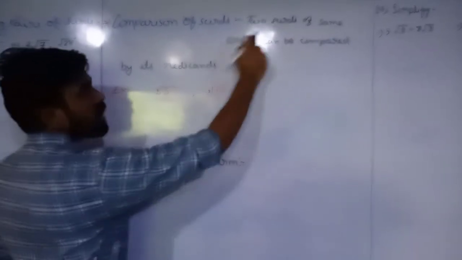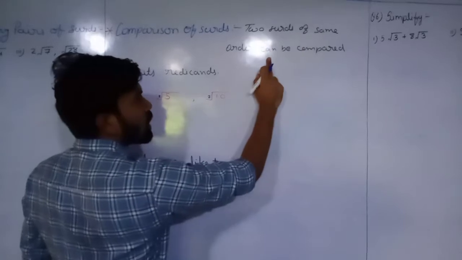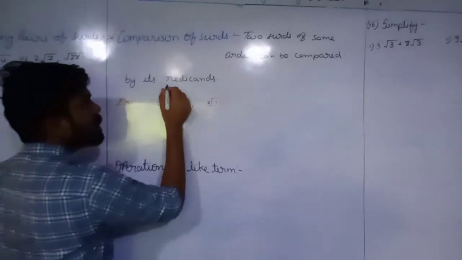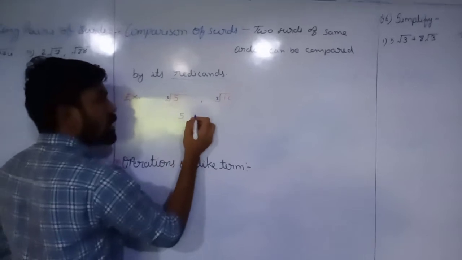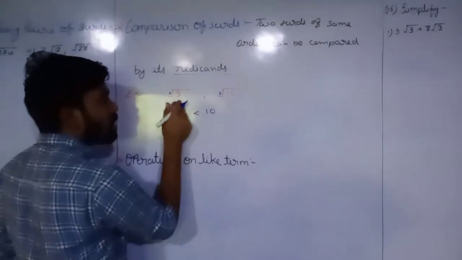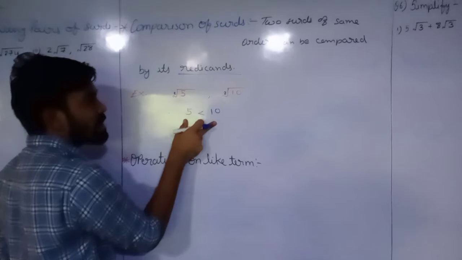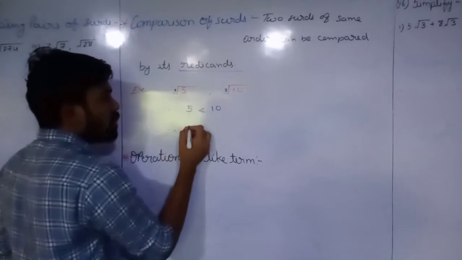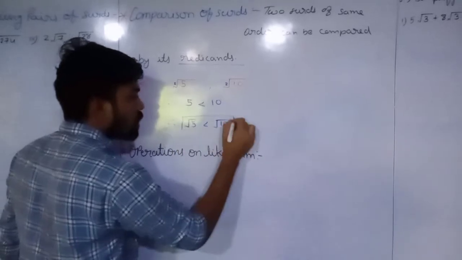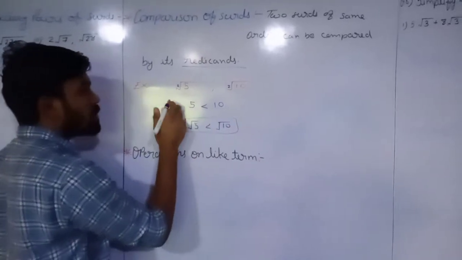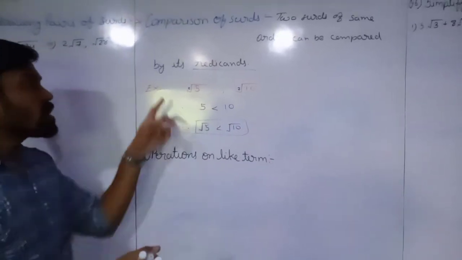Now the orders are the same. Two surds of the same order can be compared by their radicands. So 5 is less than 10. We are comparing them by the radicands. Therefore root 5 is also less than root 10. This way we can do the comparison between two surds.